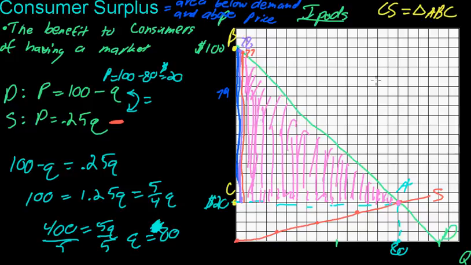So now we can calculate the area of that triangle. I'm going to write on the graph to do this because I'm running out of room. We can find the area just like we would find the area of any other triangle: 1/2 base times height. So we take 1/2 times the base, which is 80 because we already figured out what quantity was, from the origin over to point A on the x-axis is 80 units. And then our height is 100 minus 20.